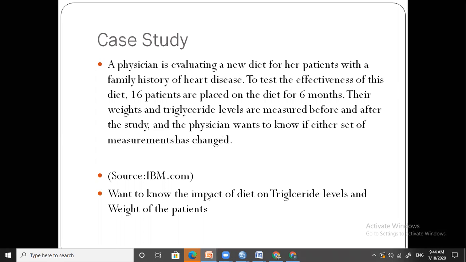So here we want to know the impact of the changed diet on the triglyceride levels and weight of the patients, and again we use paired t-test. I have taken this from ibm.com, the file dietstudy.sav, where we have already discussed how to access the sample file in SPSS, so you can go to that video. So let's move to my SPSS screen.